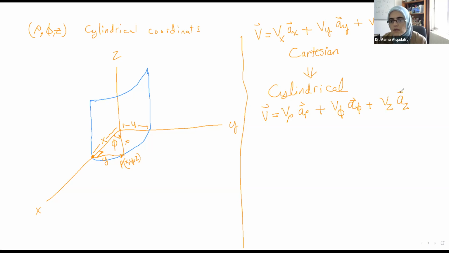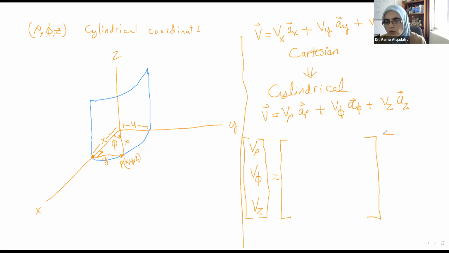In order to do this, we use the matrix notation. So what we need to find is the components in the cylindrical system, so V sub rho, V sub phi, and V sub z. And here we use what we call the transformation matrix. We will fill this matrix up in a moment.